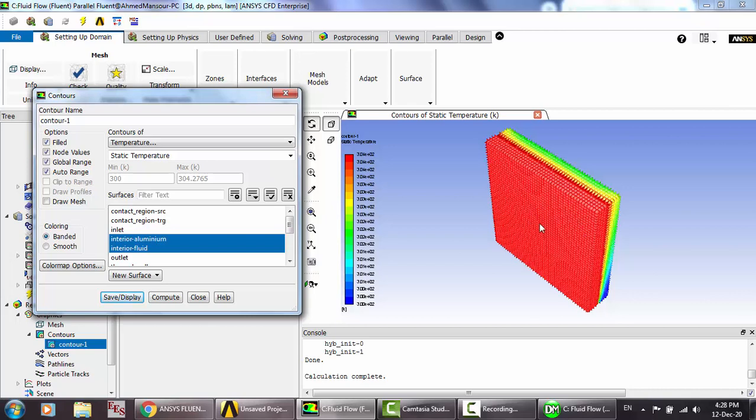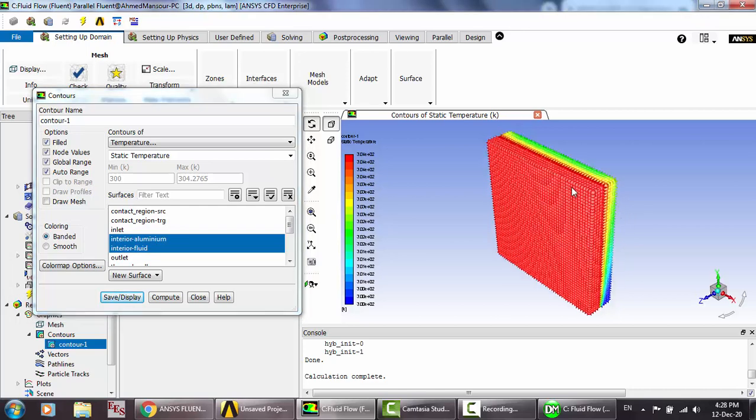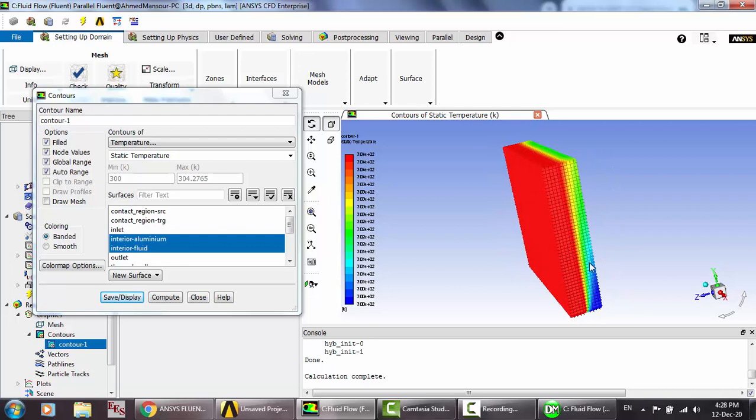Why? Because the temperature of the free stream is higher than the surface. That's why the surface is now heated. It heats up, while the air in this air duct will start taking some heat.